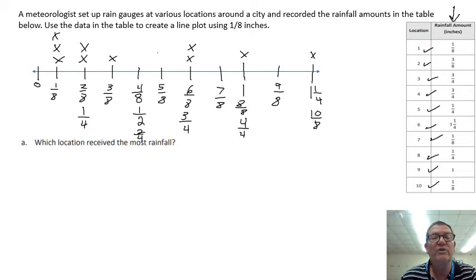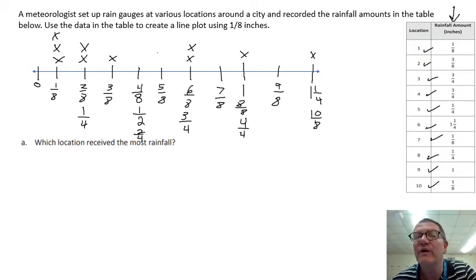It says, which location received the most rainfall? Okay, so if I'm looking at this and it says received the most rainfall, well, I can see over here this 1 1/4. That's a lot of rainfall. But it's asking what location.